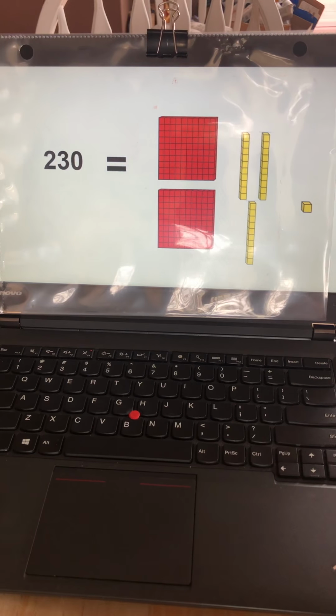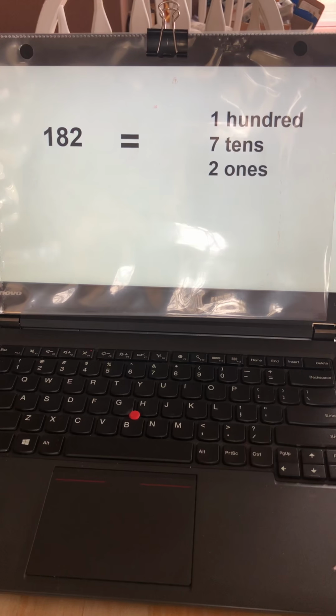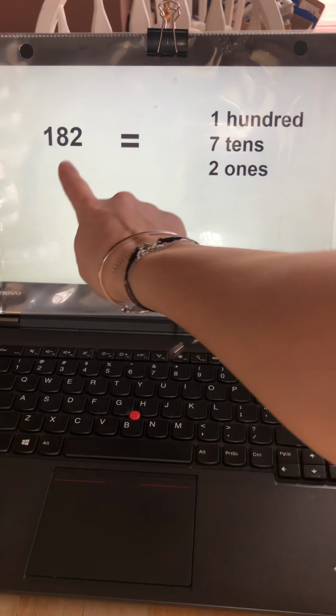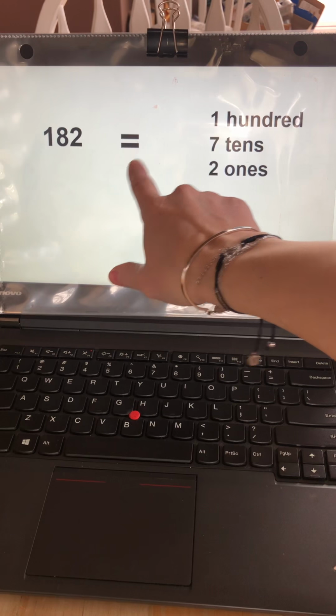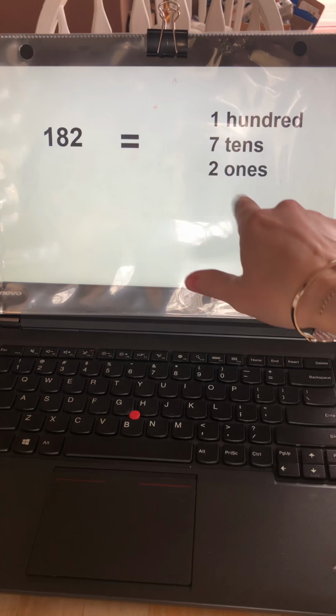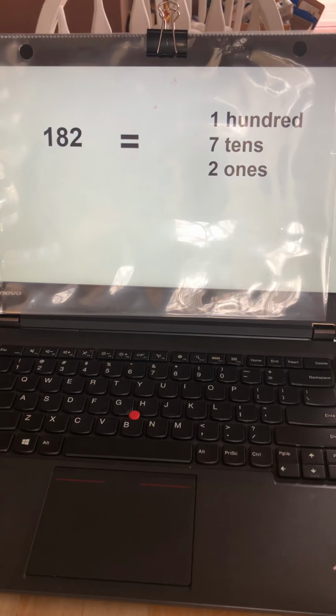You guys ready? All right, now I don't have any picture support. You're going to have to really use your brains. I have the number 182. Is that equal to 100, 7 tens, 2 ones? Try and picture it in your head.